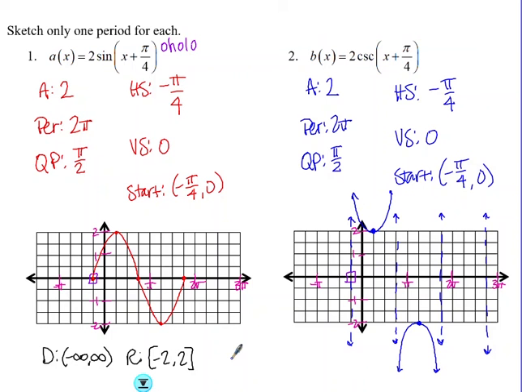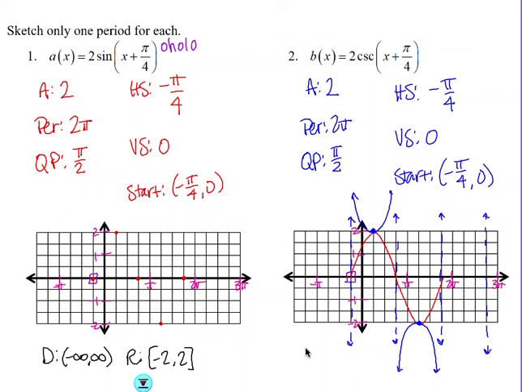Now let me show you the part that is helpful. If I take this graph of the sine function and move it over, you can see that it fits exactly inside this graph of the cosecant function. So this is how I usually graph secant and cosecant graphs. I think in my head that I'm graphing either sine or cosine.